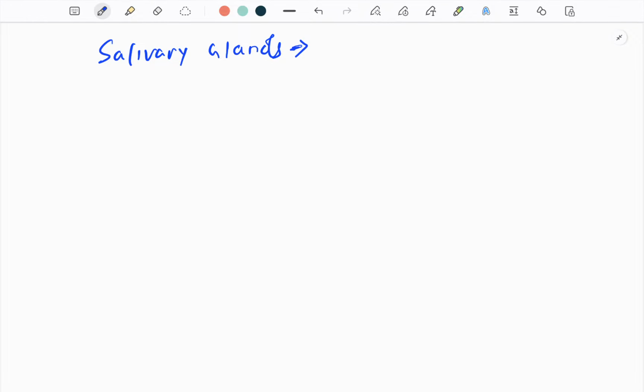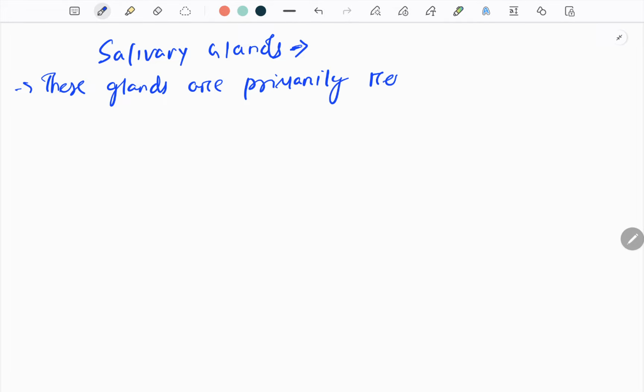So salivary glands, these glands are primarily responsible for secreting saliva.